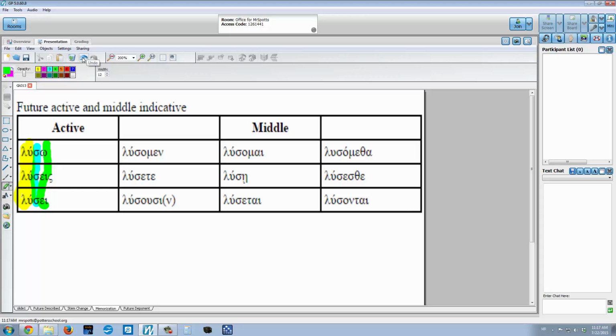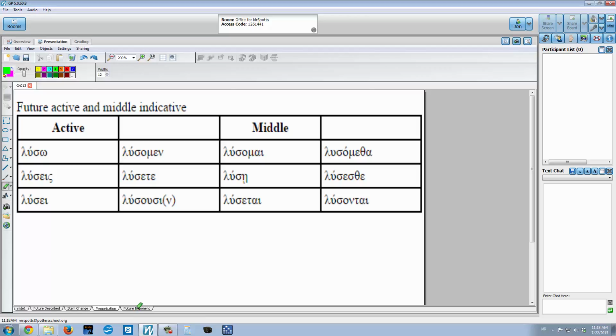So, primary endings, o, eis, e, omen, ete, ousi, or omai, e, etai, ometha, esthe, ontai. See the sigma. And again, we just have the active and the middle. We're not getting the passive yet, because that will be just a little bit different. Now, that's not so difficult.